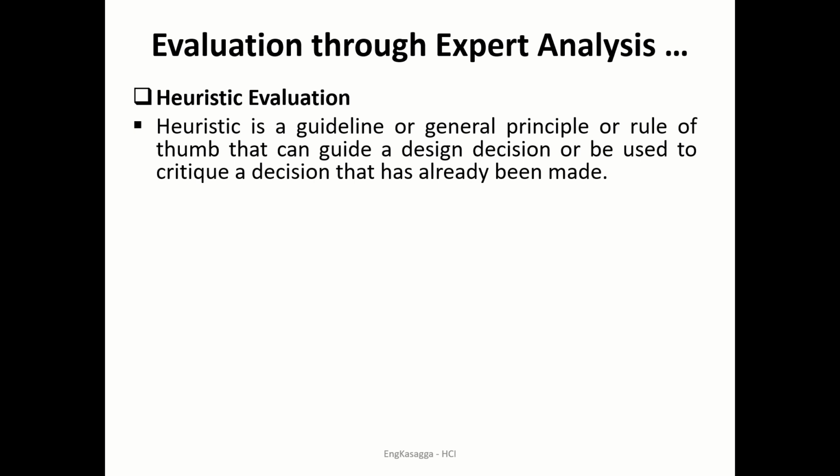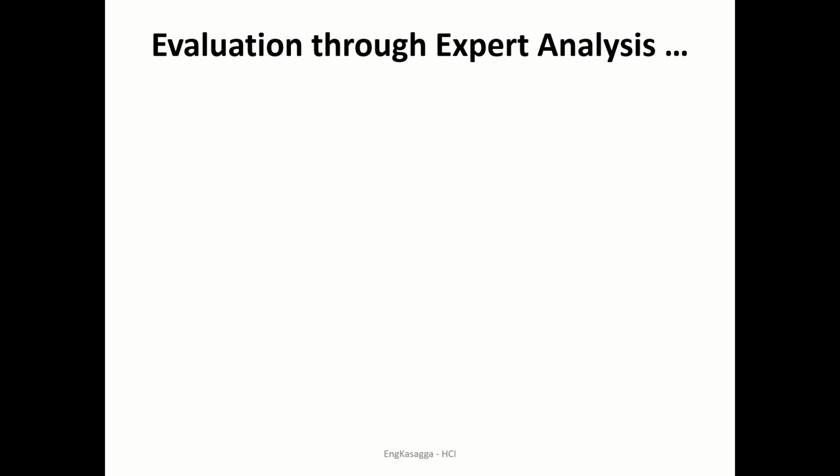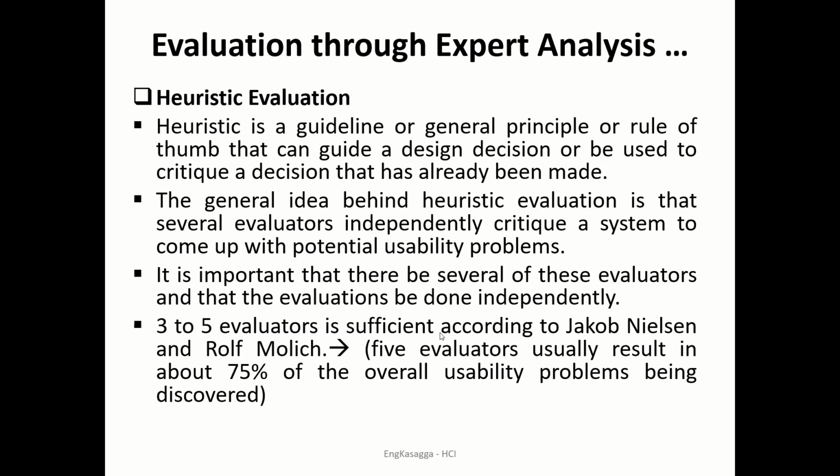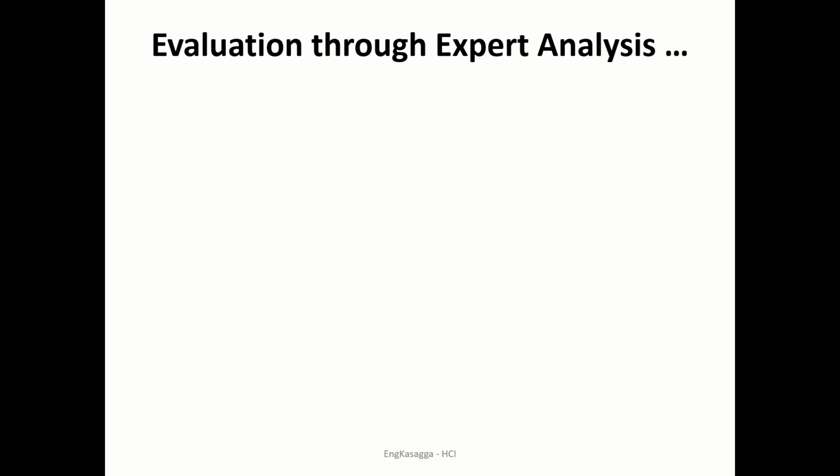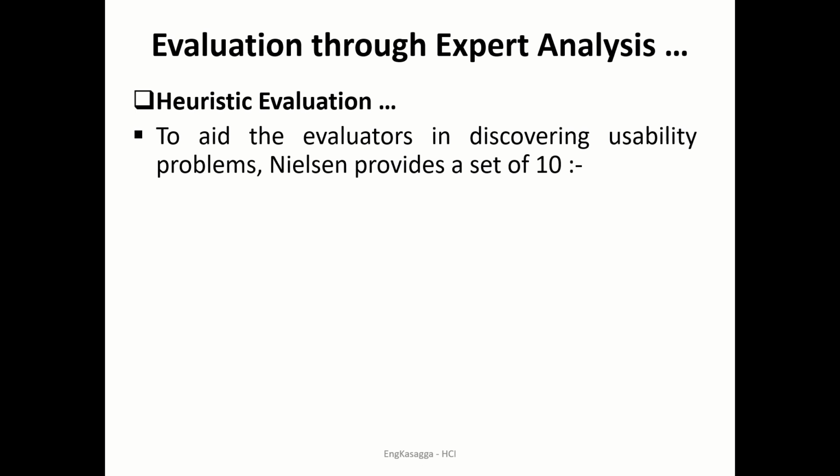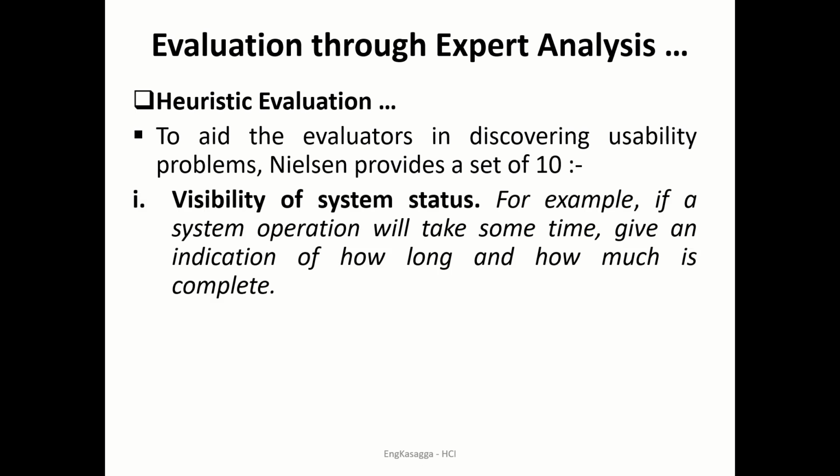Okay, so according to Jakob Nielsen, 3 to 5 evaluators can identify about 70 to 75% of usability problems. This is according to this author. So let us try to look at his 10 principles that he found to set this evaluation.